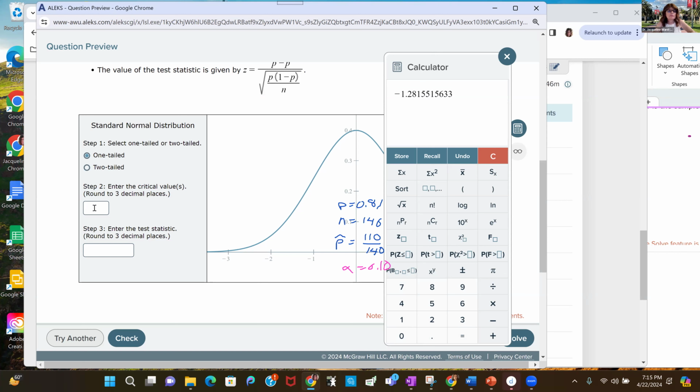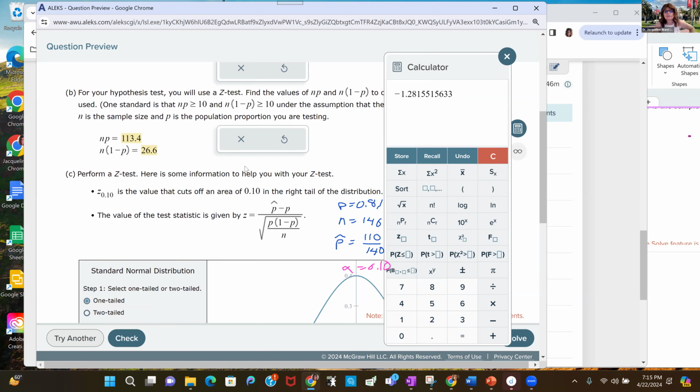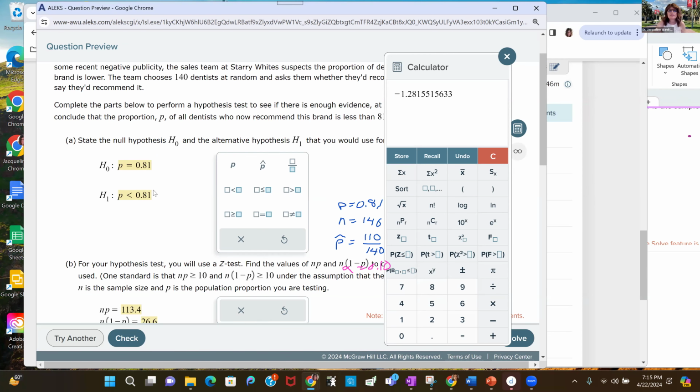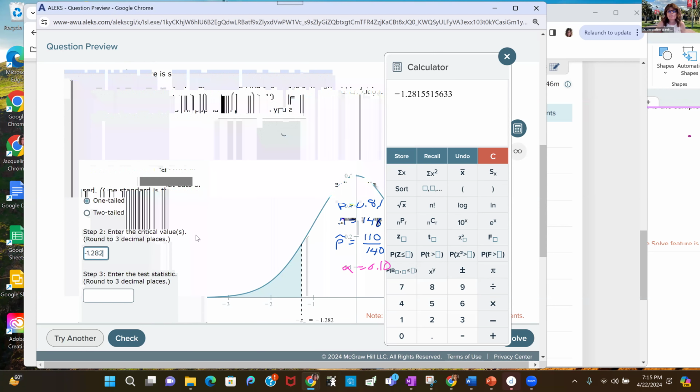So it's negative 1.282. Right? The positive, like it says here, this is positive Z. That cuts off 10% in the right tail, but we want the critical value that cuts off 10% in the left tail. Okay.